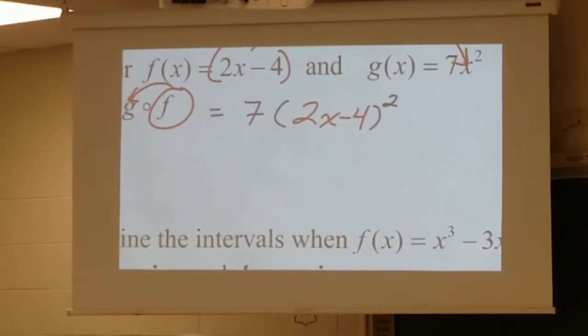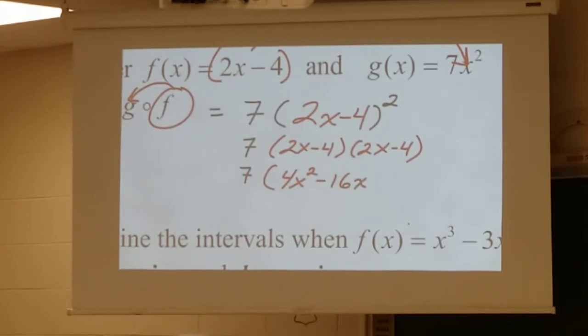I'm not going to lie to you, there's some algebra that is coming. 2x minus 4 squared, that's like 2x minus 4 times another 2x minus 4, which is its own party, trying to multiply those together. Don't lose the 7, but when you multiply or FOIL that out, you get 4x squared, a minus 8x, and then another minus 8x. That's why you get minus 16x. And then you get a plus 16.